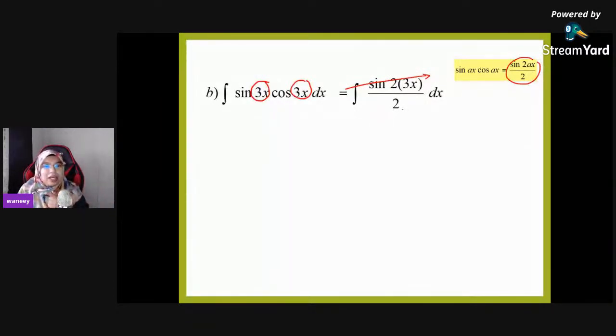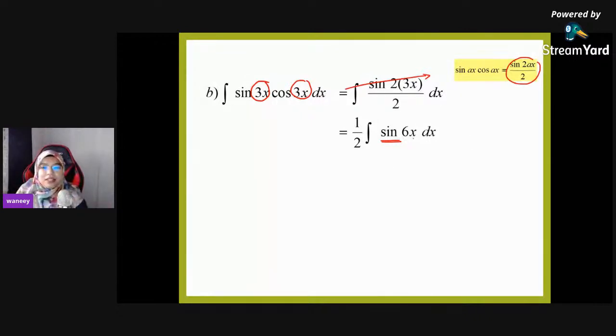So now I have sine of 6x over 2 dx. And since I have a single sine over here, I don't know how to integrate them. So that's the reason why we are using those double angle. Kita nak tukar pergi something yang kita familiar and then kita akan solve.